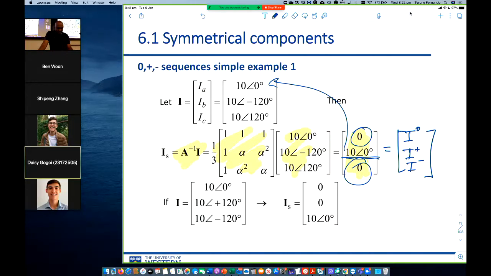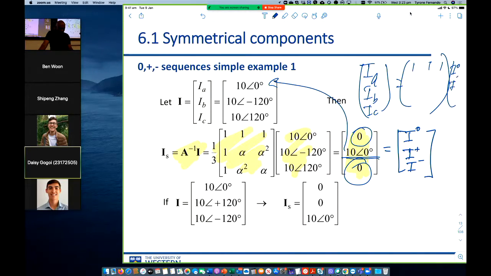If I want to calculate IA, IB, IC, it would be matrix A, which is 1, 1, 1, multiplied by the zero sequence component, positive sequence component, and negative sequence component.